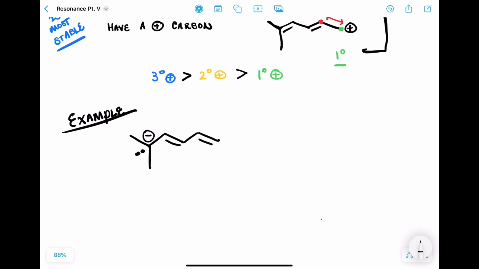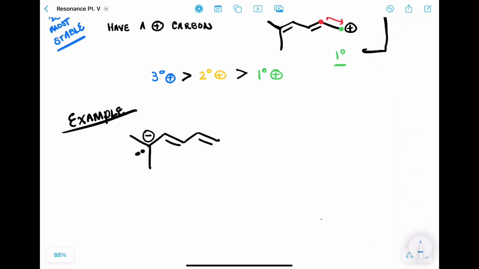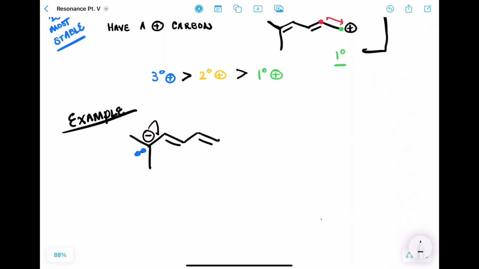So that's what we have here, a lone pair adjacent to a multiple bond. So what's going to happen, I'll put this in blue. All right, and so what happens is these lone pairs, you can draw the arrow from the lone pairs or from the negative charge. It does not matter, just one though at a time. So those lone pairs are going to drop down.